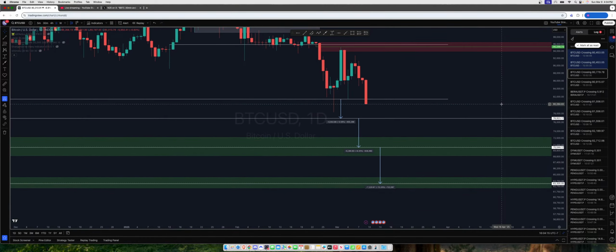This is the LG level to hold on the daily time frame on the regular candlesticks, but these two are the ones to hold on Heikin Ashi candlesticks. I mean, this is that wick all the way down here in the summer, right? That we had at 49.2K basically.